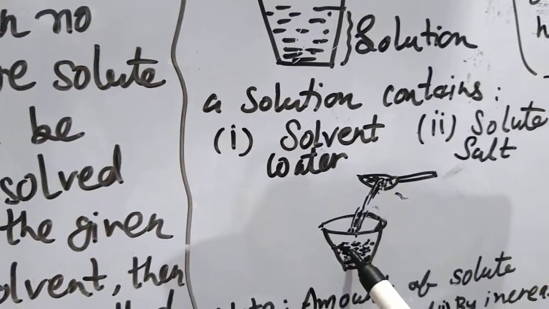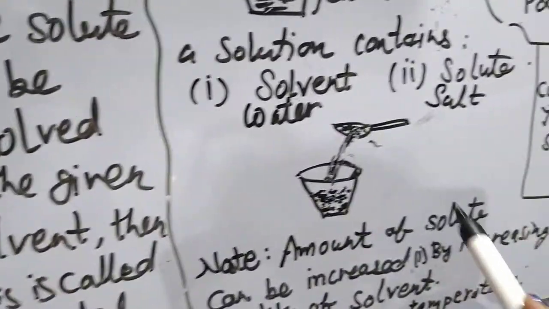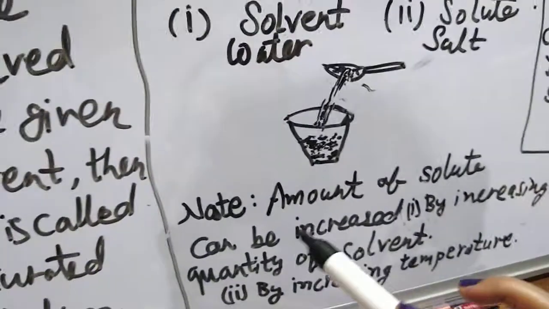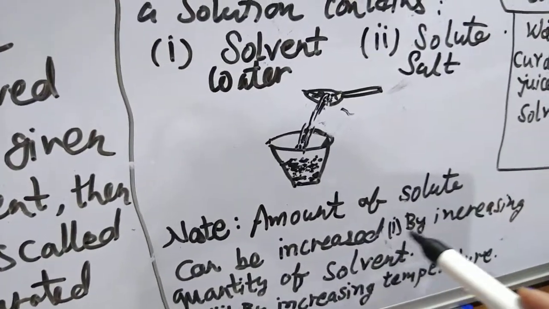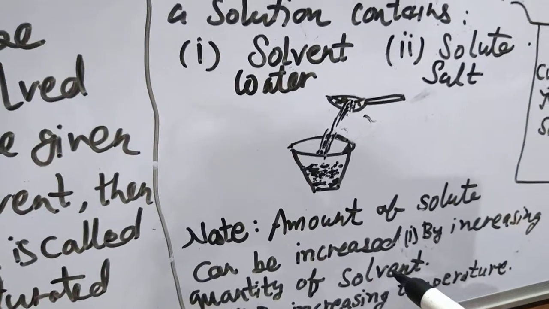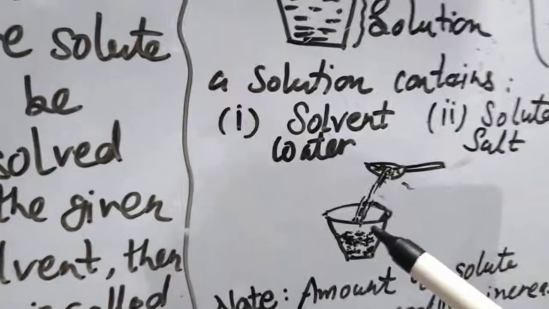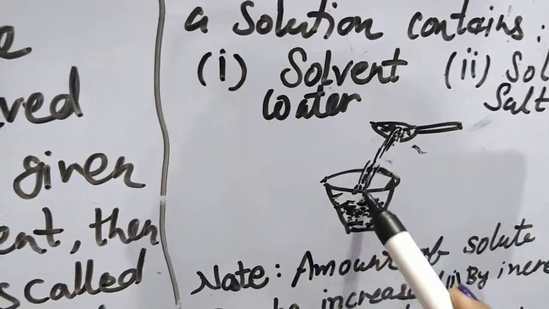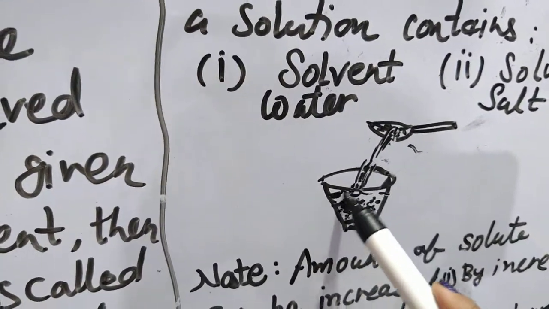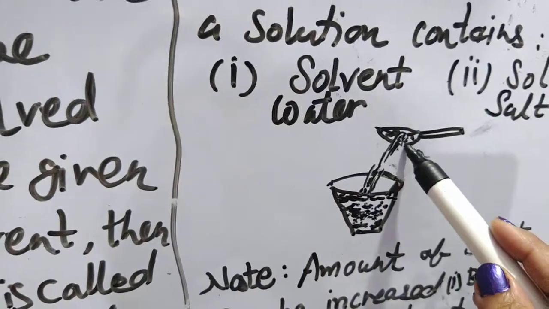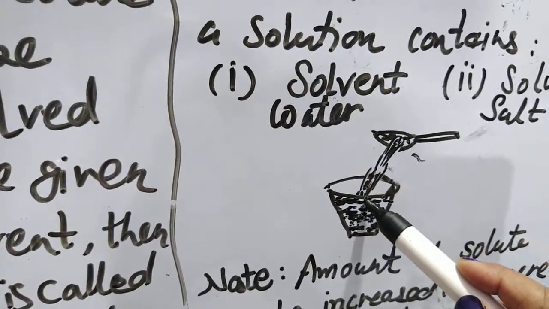To increase the amount of solute, that means to add more salt, you can do two things. First, you can increase the quantity of solvent. Here the solvent is water. If you increase the quantity of water, then you can add more salt in this.